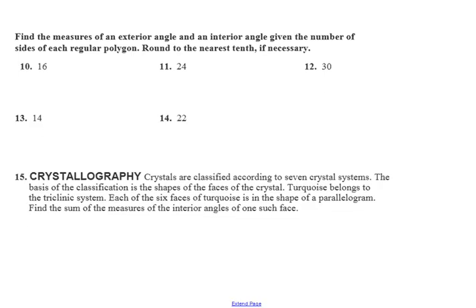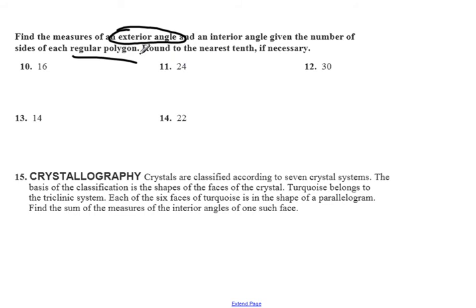Okay, number 11. Number 11 is asking us to find the measure of an exterior angle and an interior angle given the number of sides of a regular polygon. So our first step, the easiest way to do this, is to start with the exterior angle, because we know that in any polygon the exterior angles have a sum of 360 degrees, no matter how many sides the polygon has.